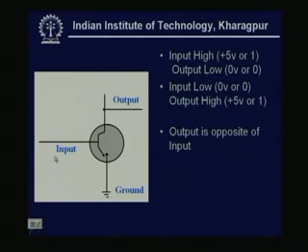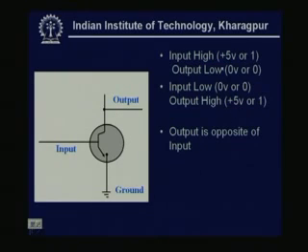So, if input is high, means +5 volt, then the output will be low. Similarly, if the input is low, then obviously there is no connection, so the output will be high, +5 volt.